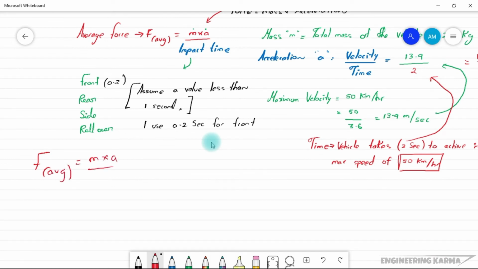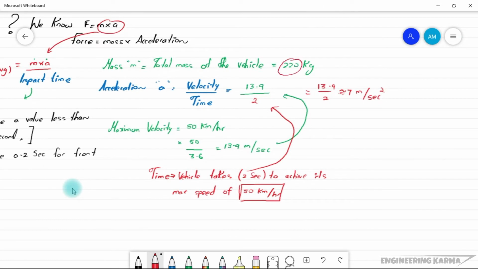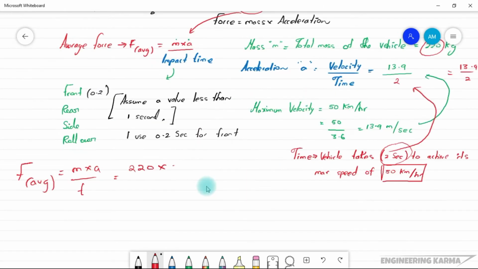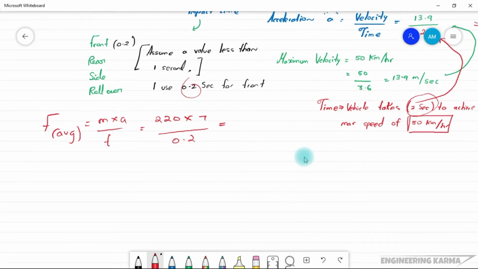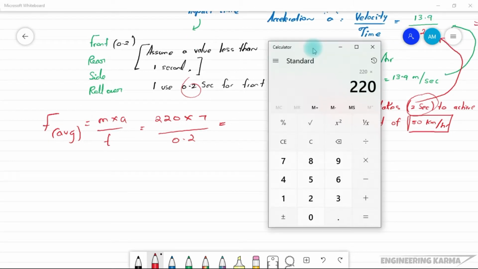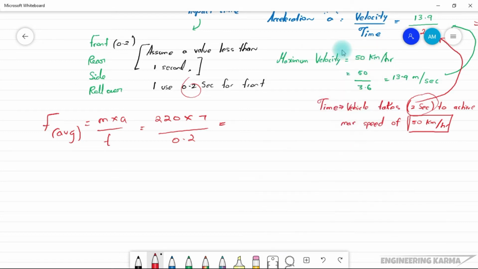We have the required values, so apply them in the impulse formula. This is the average force.